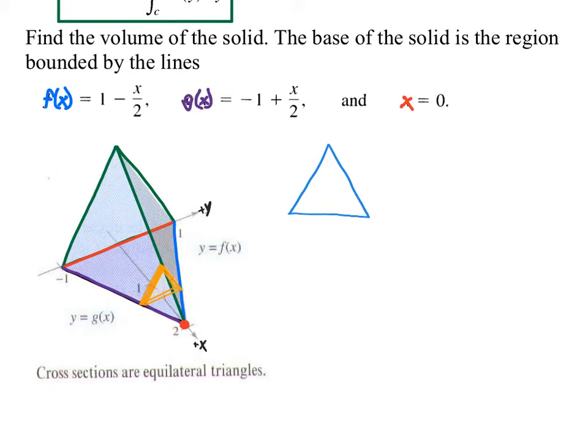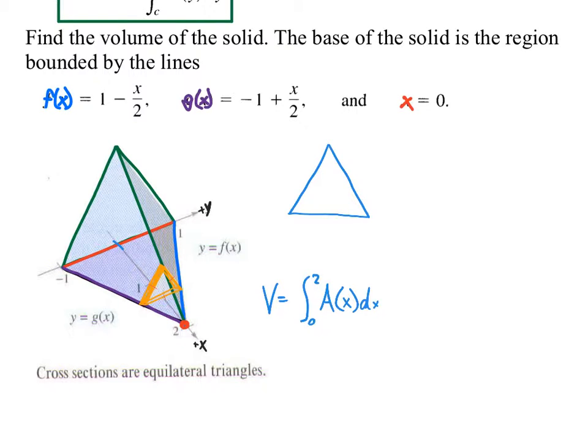Remember, the volume is going to be the integral from where to where? We can already tell that: -1 to 1, or 0 to 2. From 0 to 2, because we're going along the x-axis, because our cross sections are perpendicular to the x-axis. So we're going from 0 to 2 of that area function.